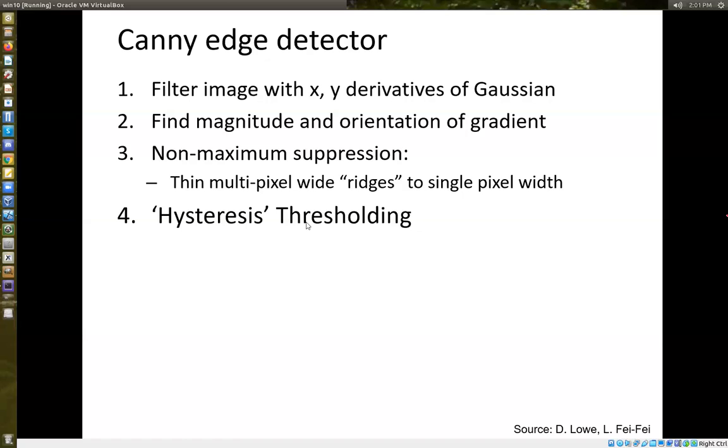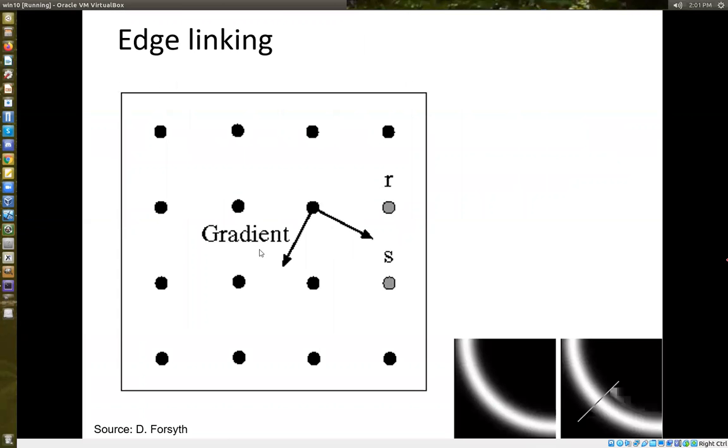Another contribution of the Canny detector is what they call hysteresis thresholding, but I think a better name is just adaptive thresholding. What they do is try to connect edges together. For example, I may have edge pieces. They start with places that have very strong response, where you can for sure think that this is an edge. Then starting from there, you just go along the line, looking for edges, continuing to go along the edges.